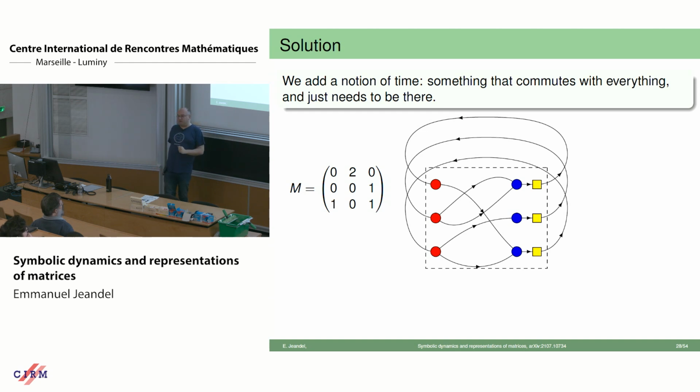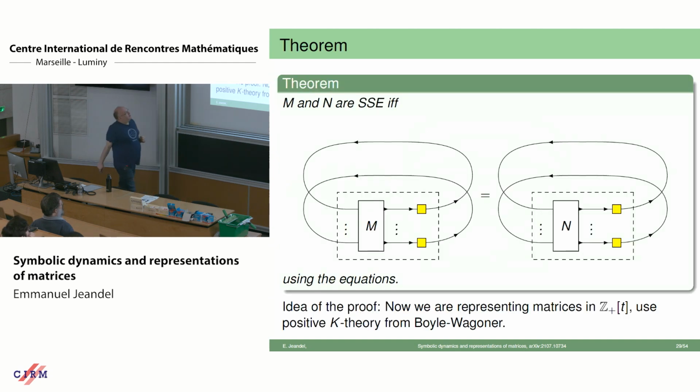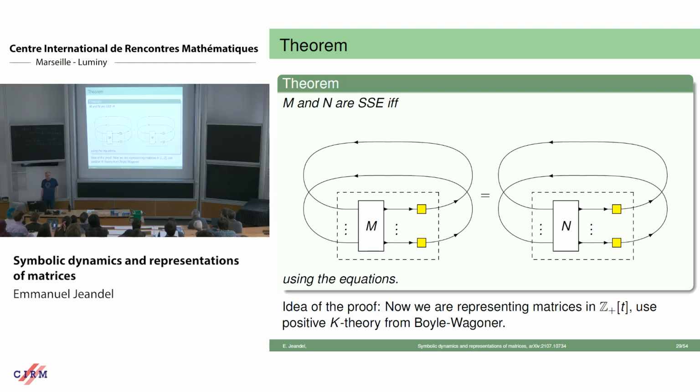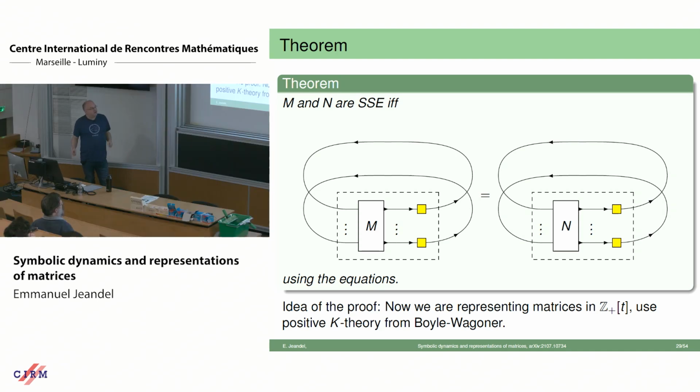And now there is a theorem. Now you can prove that 2 matrices are equivalent if and only if you can go from one matrix to the other using the equations. So we now have a way, with generators and relations, to characterize exactly conjugacy.